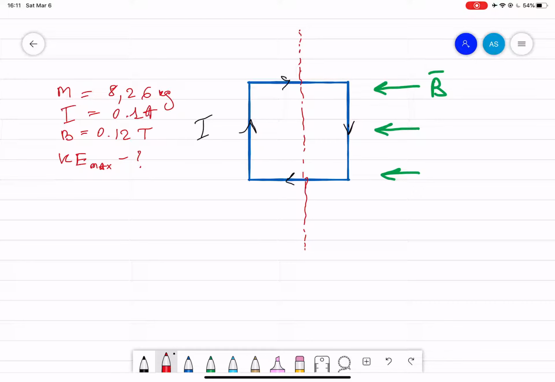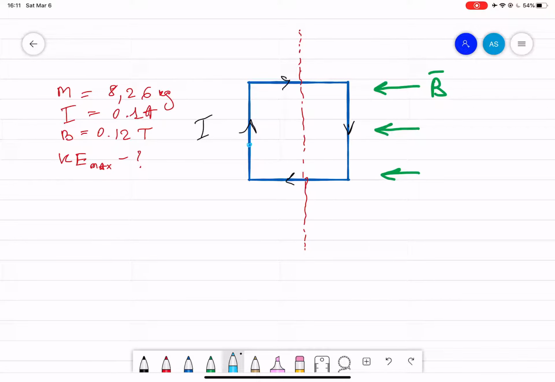Okay, now here we have a square loop. The current is going clockwise, as you can see, and the magnetic field is directed to the left. Now, when a current is passing and you apply a magnetic field, what will happen? What will happen is basically the force here.